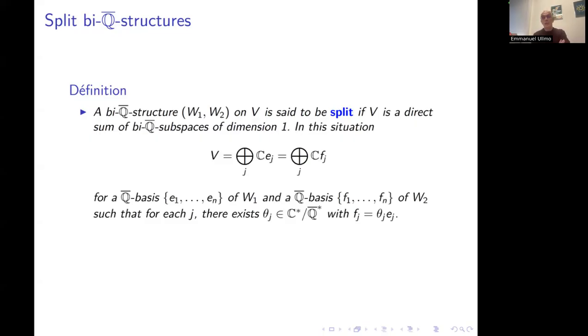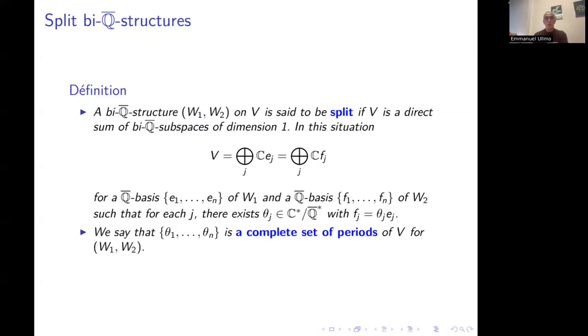So the space is a sum, in two ways, of the lines C Ej and C Fj, and the two bases are related by multiplication by some periods. In this situation, you say that θ1, ..., θn is a complete set of periods of V for W1, W2.